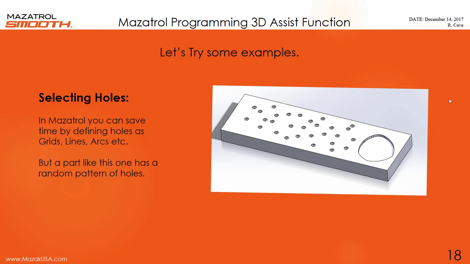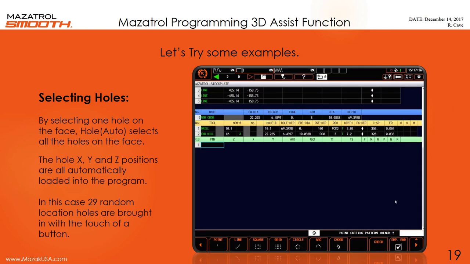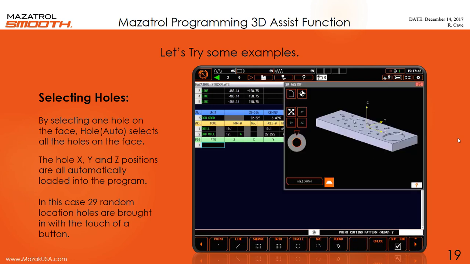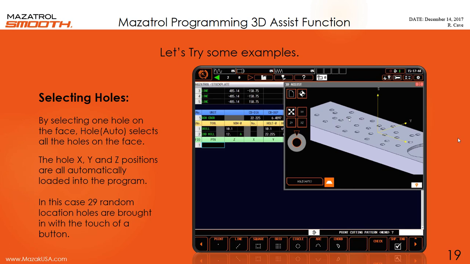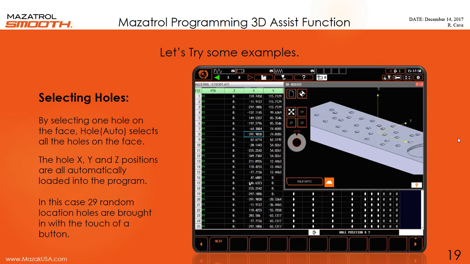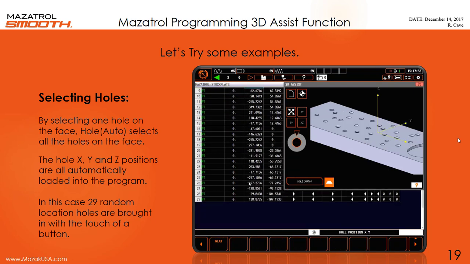You have to put in each one of these holes individually. In this example, you can see how easy 3D Assist makes it. All I do is zoom in on the part, choose one of the holes on that face, and all the similar holes are brought in automatically when I hit input. Just like that, I saved all that work of importing 29 holes.